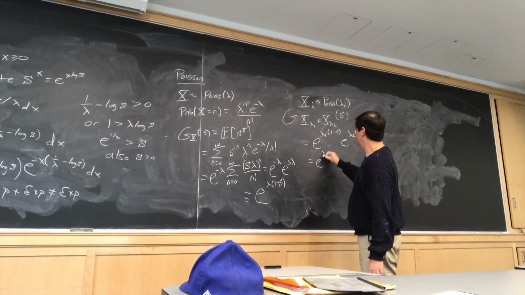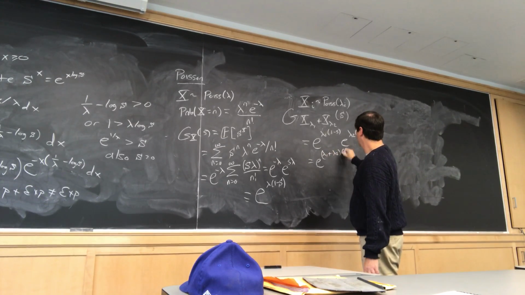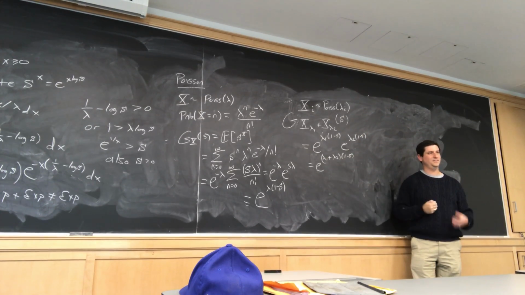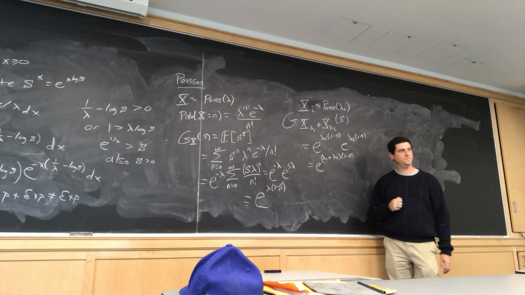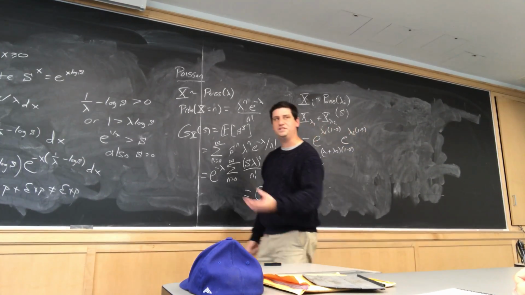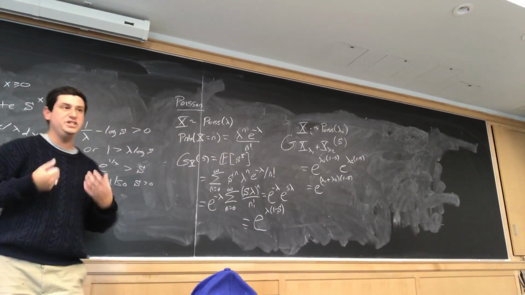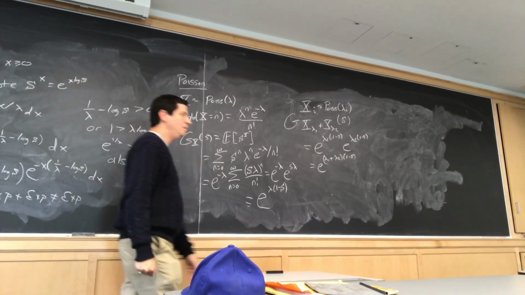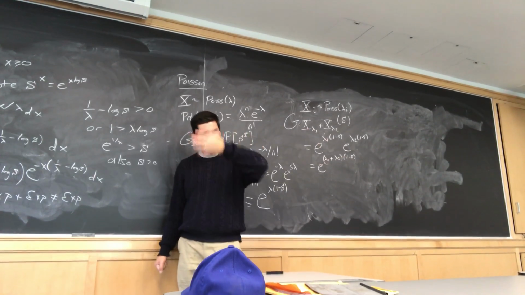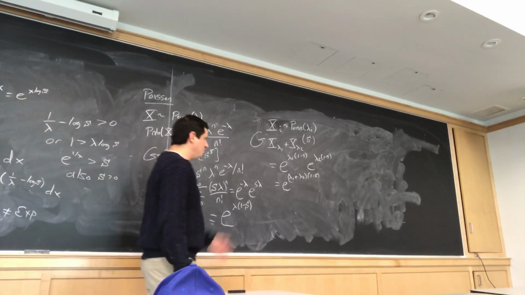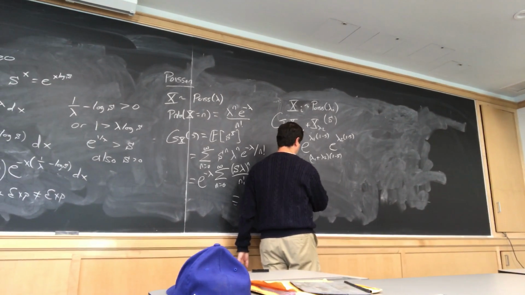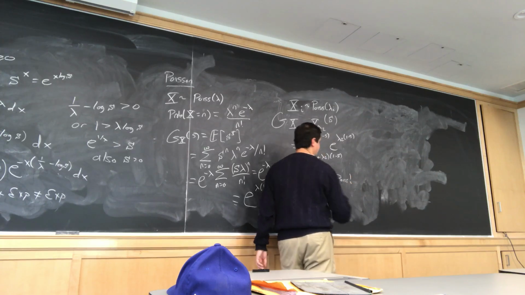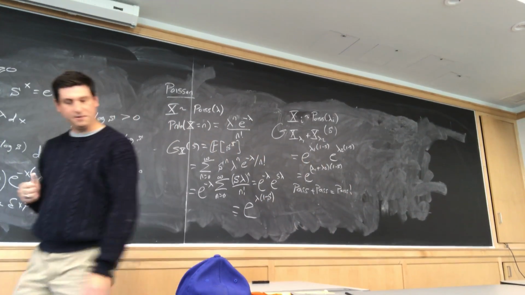This is e to the lambda 1 plus lambda 2 times 1 minus s. And we see that Poisson plus Poisson is Poisson with parameter lambda 1 plus lambda 2. So this is the benefit of looking at these discrete random variables where the generating function does uniquely determine. The generating function does not always uniquely determine, but in the case of discrete random variables taking on the values 0, 1, 2, 3, it does. And now we get Poisson plus Poisson is Poisson. So that's a really nice result. That's another way to see it.